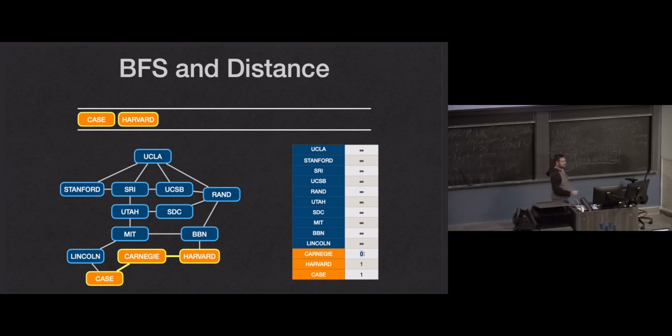So if we have the distance from the starting node to a particular node, and from that node we explored a new node, well, we can take the path that we found from the starting node to that node, and then we took one more edge to find a new node, so it must have the distance of the node that discovered it plus 1. In Queue's case, Harvard wasn't explored, so mark it explored, enqueue it, and update its distance to the distance of the node that explored it plus 1.